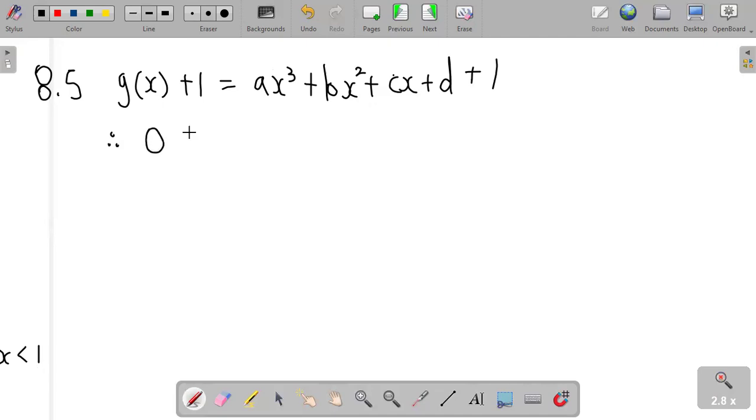Therefore, 0 equals a times 0 to the power 3 plus b times 0 to the power 2 plus c times 0 plus d plus 1.